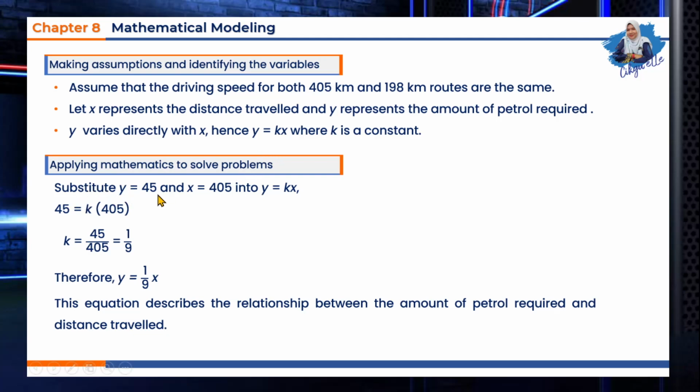Substitute y equals 45 and x equals 405 into y equals kx to find what k, the constant, is. So we solve this by using mathematics. We get k equals 1 over 9. Therefore, the model is y equals 1 over 9 x. This equation describes the relationship between the amount of petrol required and distance traveled.